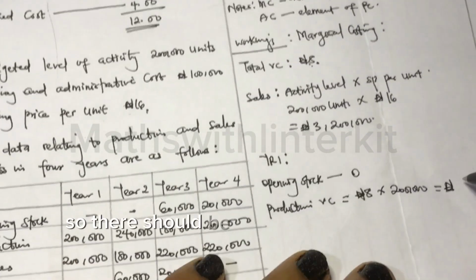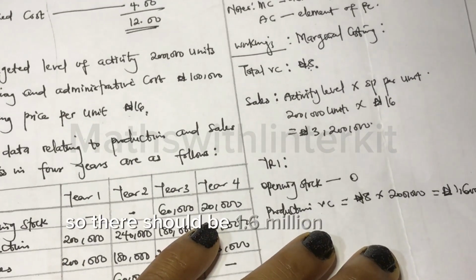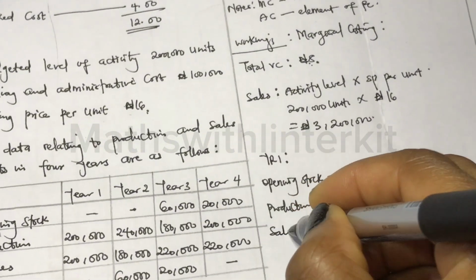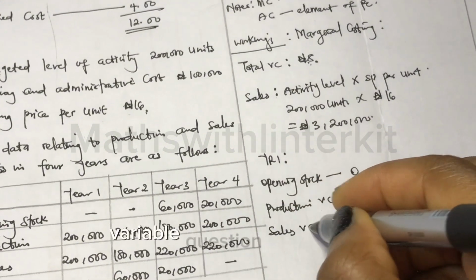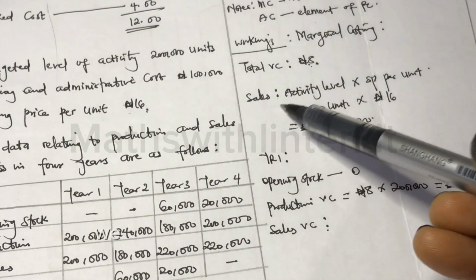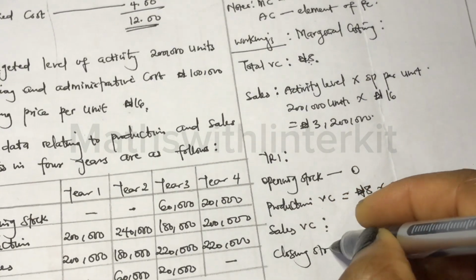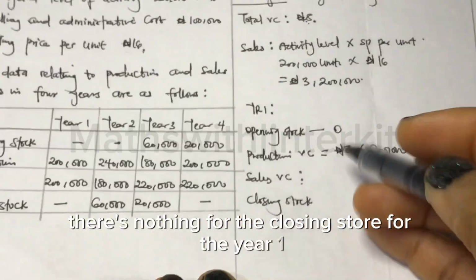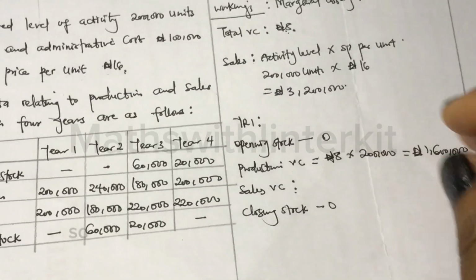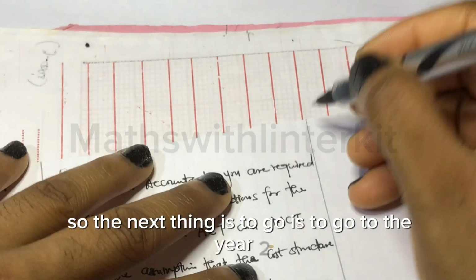So that should be 1,600,000. The next is the sales variable cost. For the sales, we had already calculated it here. Then the closing stock. Remember, there's nothing for the closing stock for year 1, so that will be 0. So the next thing is to go to year 2.